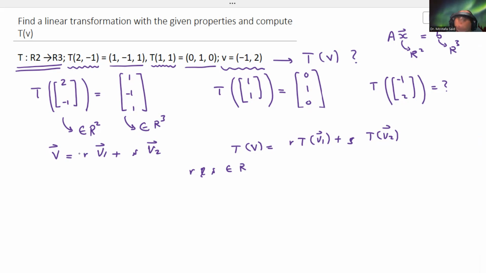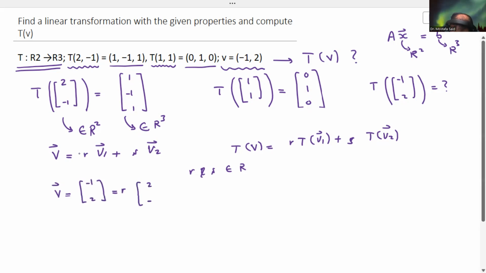You should assume that v, which is basically the (-1, 2) vector, is a linear combination of v1 and v2. Let's assume v1 is (2, -1), our first vector, and let's assume that v2 is our second vector, (1, 1).